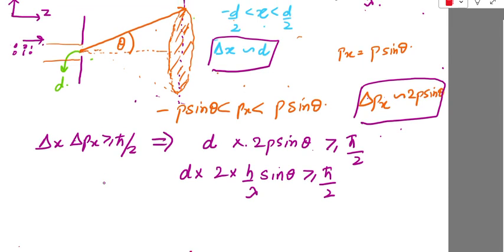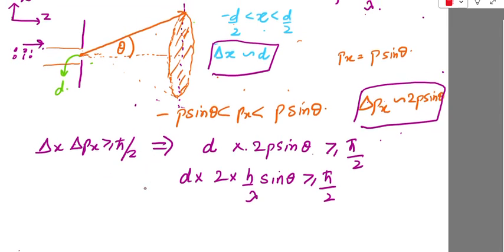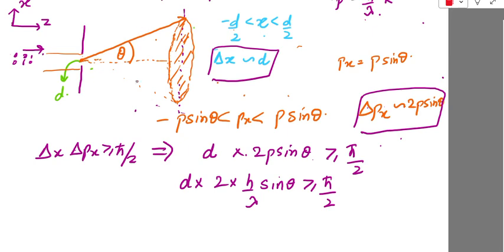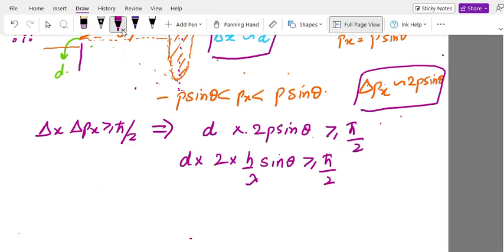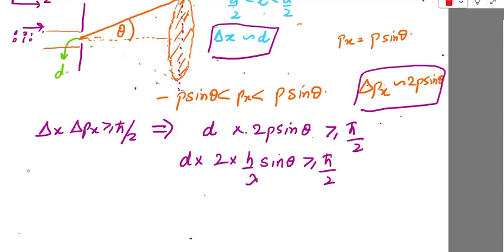Here comes the smart part. This sine theta is actually where the dark region begins, so it is the position of the first minima. The condition for first minima is the diffraction condition: you divide the slit into two parts, and half of the slit will interfere destructively with the other half.